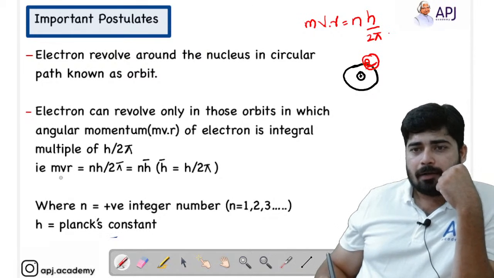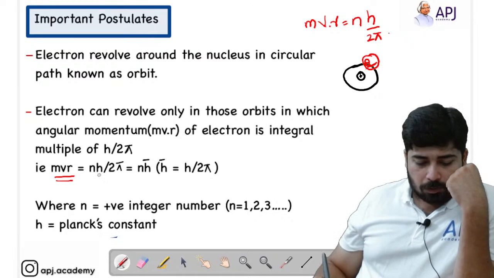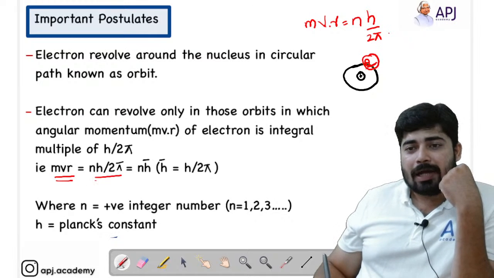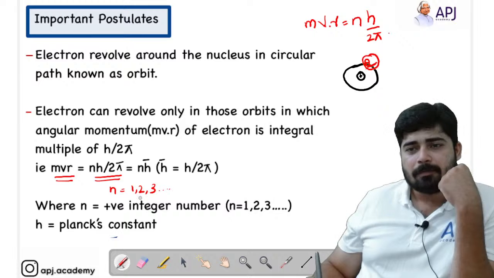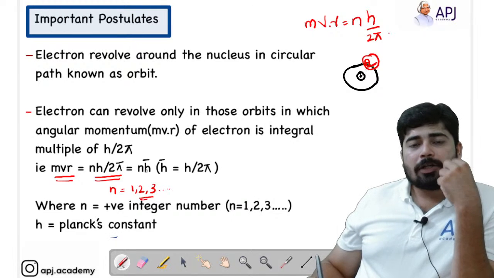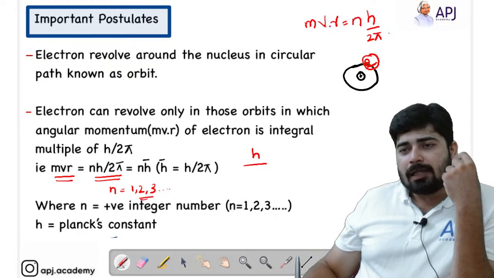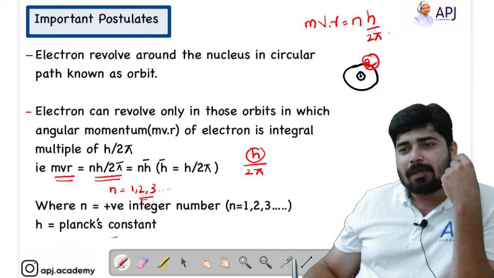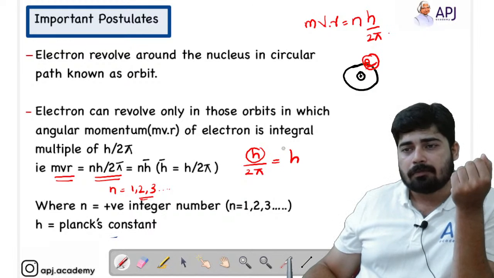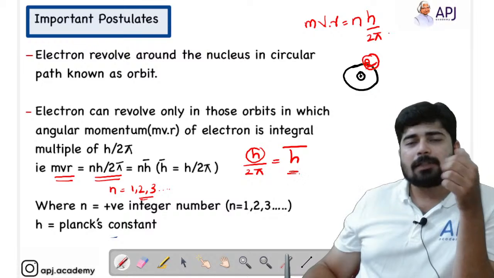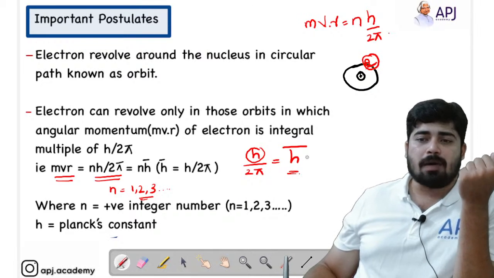Now MVR is equal to, I told you, n h by 2 pi, where n is a positive integer, 1, 2, 3, etc. And h by 2 pi, I told you h is Planck's constant and 2 pi is another constant. A constant divided by another constant means a new constant, that can be represented as h bar. Instead of h by 2 pi, you can use the term h bar.